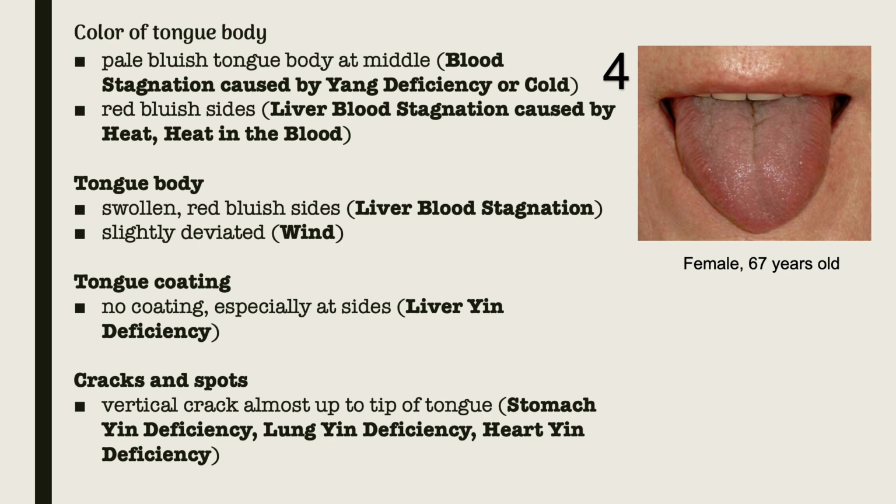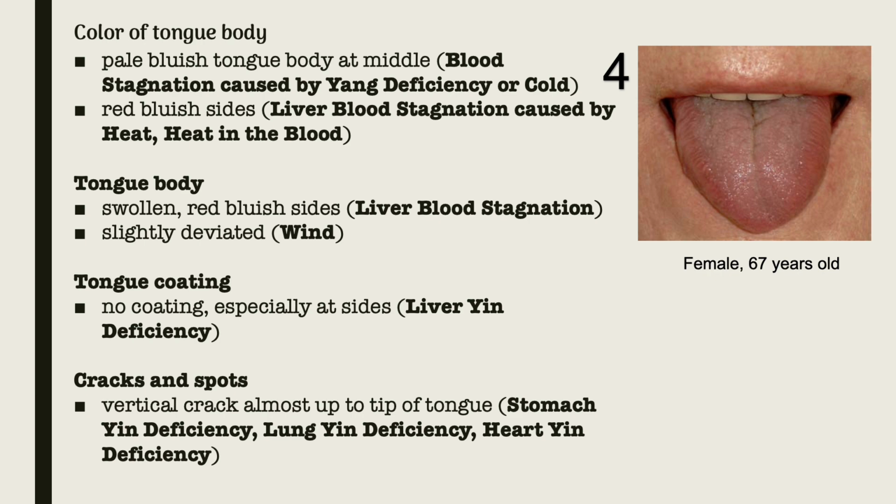Tongue body swollen, red bluish sides, which is very, very indicative of liver blood stagnation, and then a slightly deviated tongue. If you notice, the tongue is slightly pointing or deviated towards the left. This is wind.